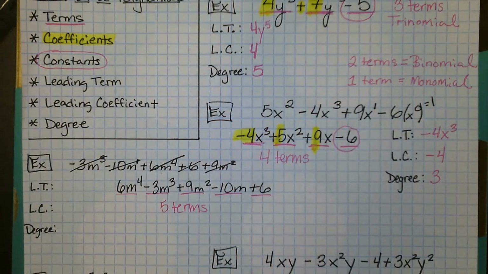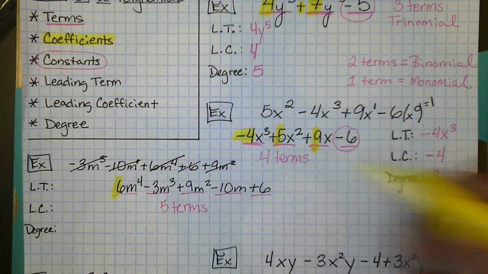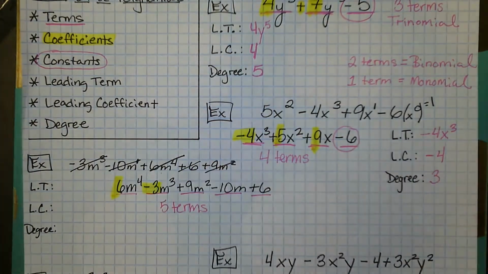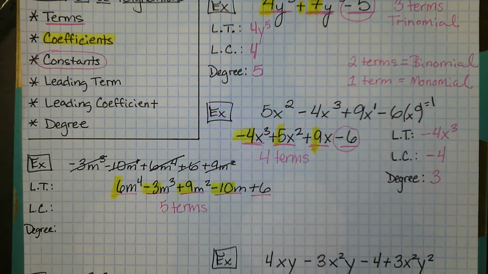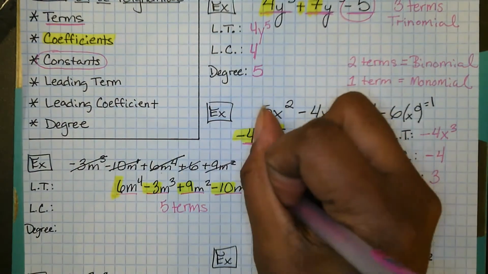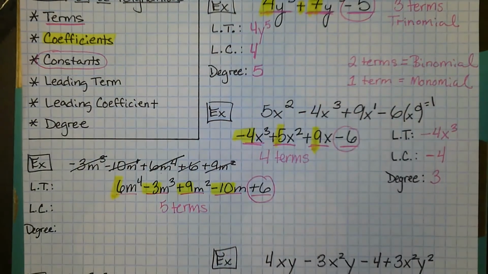Now we need to highlight all of our coefficients. We have 6, negative 3, 9, and negative 10. And circle our constant. Our constant is 6.